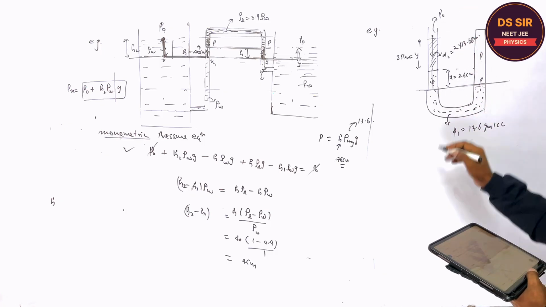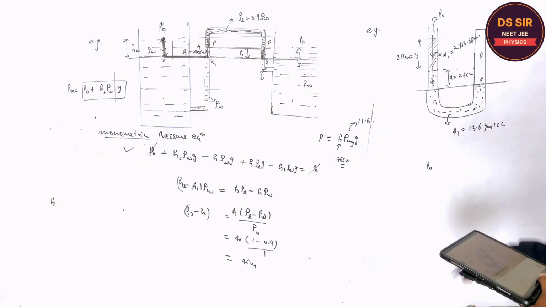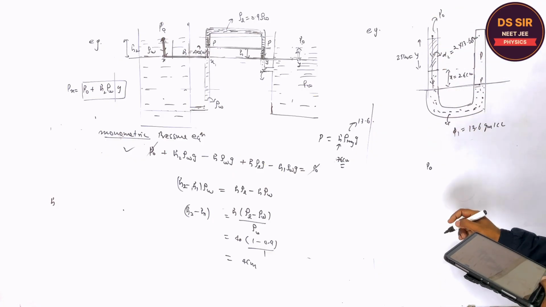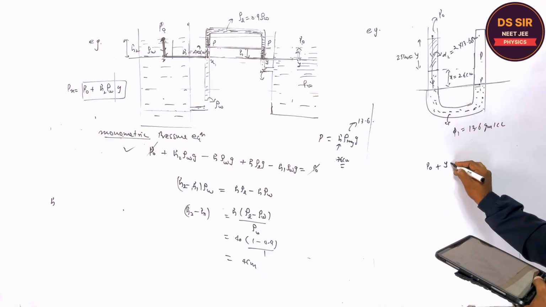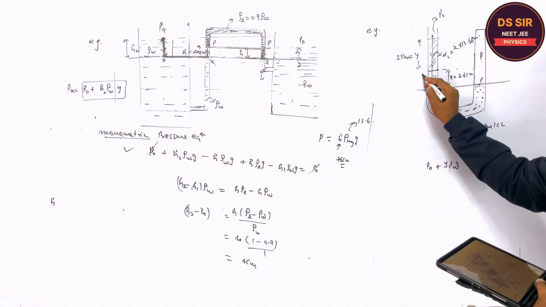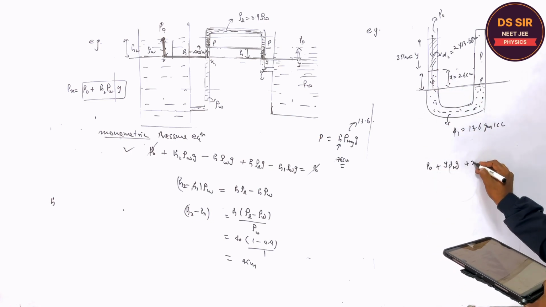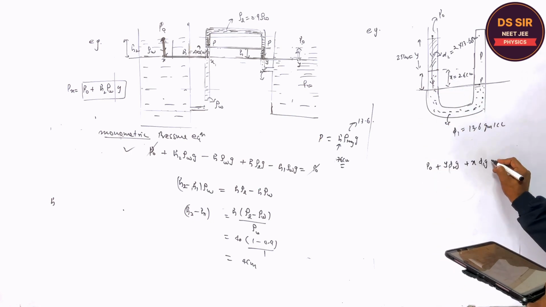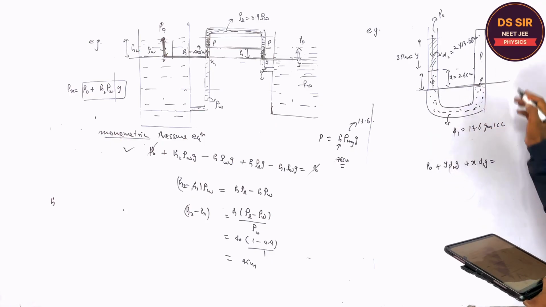So can I start writing P naught plus, tell me, P naught plus H rho G, Y rho G, then plus X rho G. At this point, same pressure.